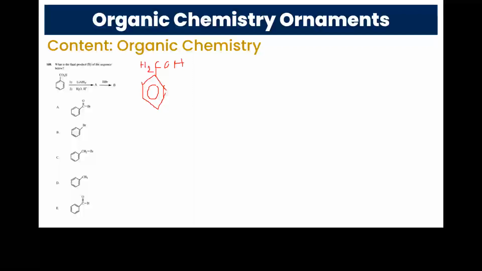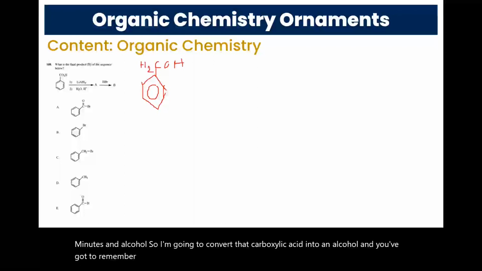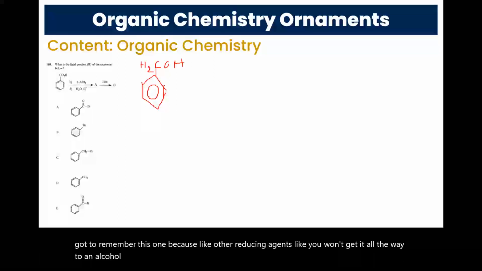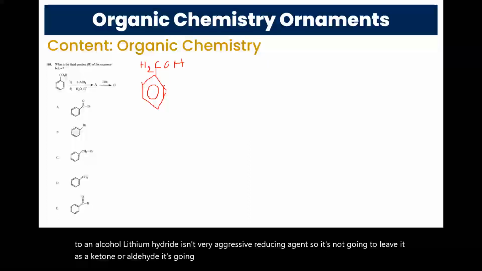It's an alcohol. So I'm going to convert that carboxylic acid into an alcohol. And you've got to remember this one because other reducing agents won't get it all the way to an alcohol. Lithium aluminum hydride is a very aggressive reducing agent. So it's not going to leave it as a ketone or an aldehyde. It's going to leave it as an alcohol.